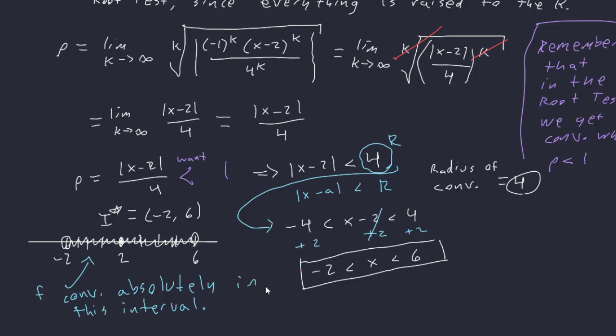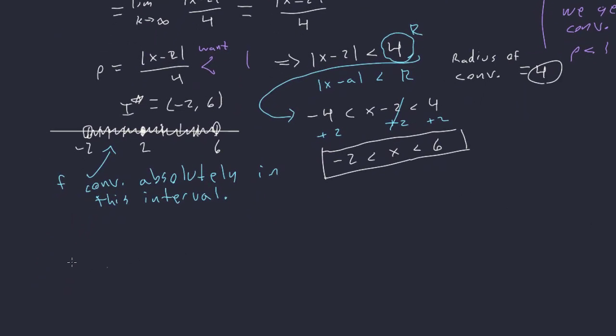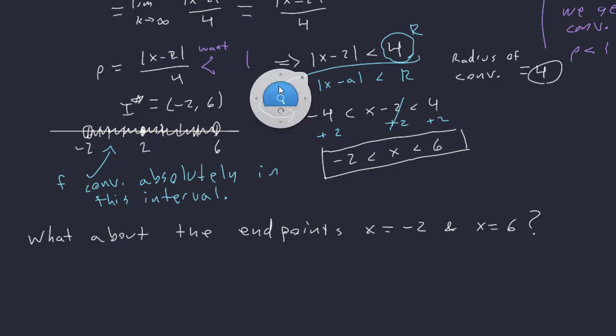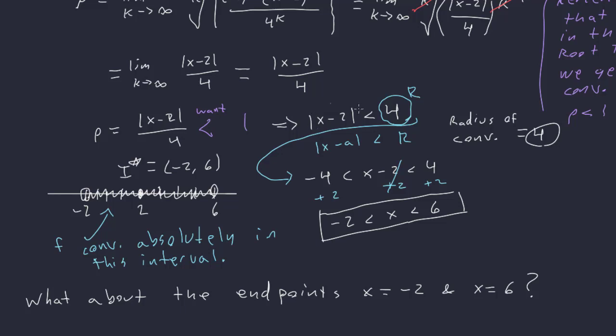But what about the endpoints? Right? What about x equals -2 and x equals 6? Well, that we will need to check, because remember, if we plug these in, that is what gives us ones here.